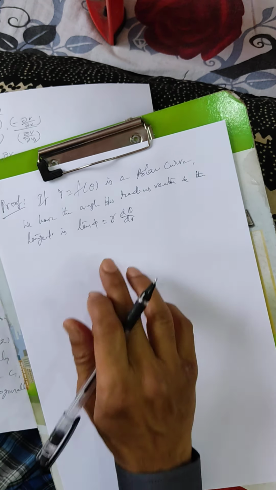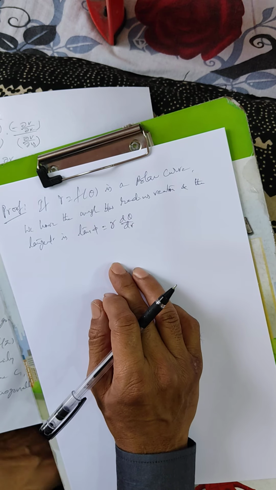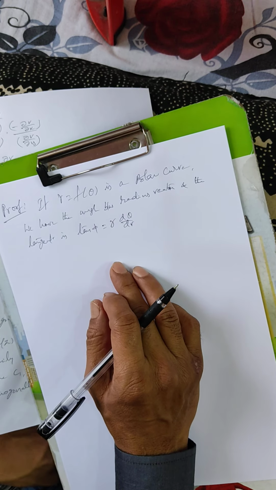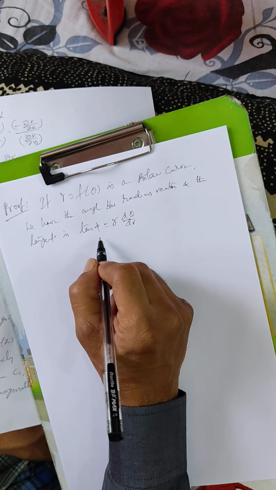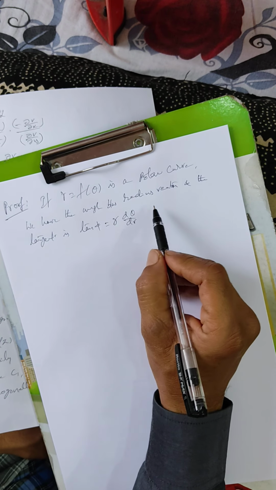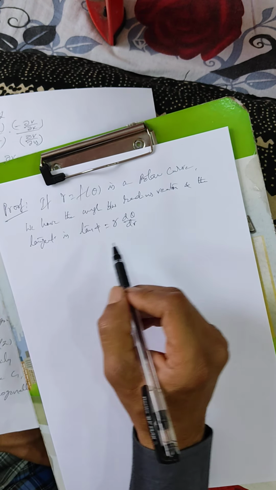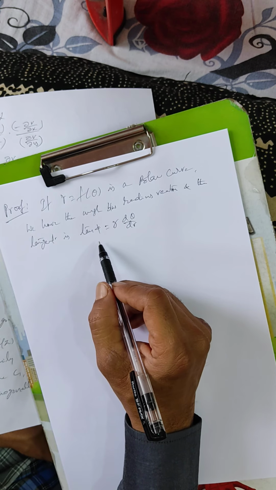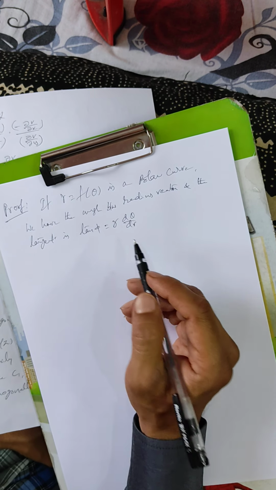In first semester we have studied while discussing polar curves, we used to derive a formula for the angle between radius vector and the tangent, that is tan φ = r dθ/dr.